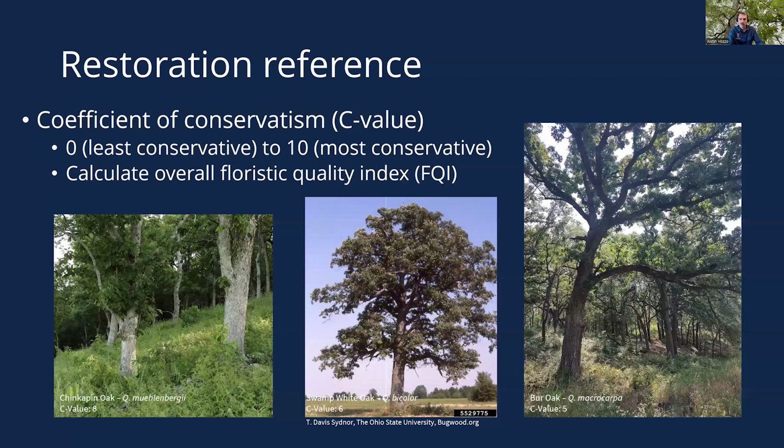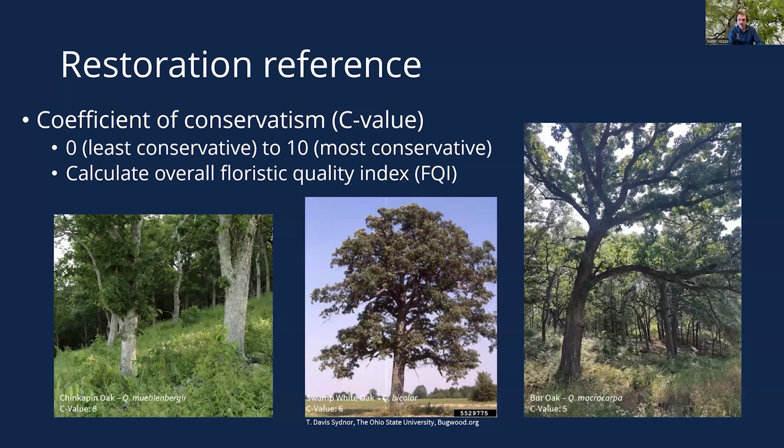So zero would describe a very weedy species, a non-conservative species, and 10 would be the most conservative. These might include things like orchids and other species. But this is a useful concept because it helps us think about, when we're looking at reference sites, if we're finding those high C value species, then we probably are looking in what might be a good reference system.